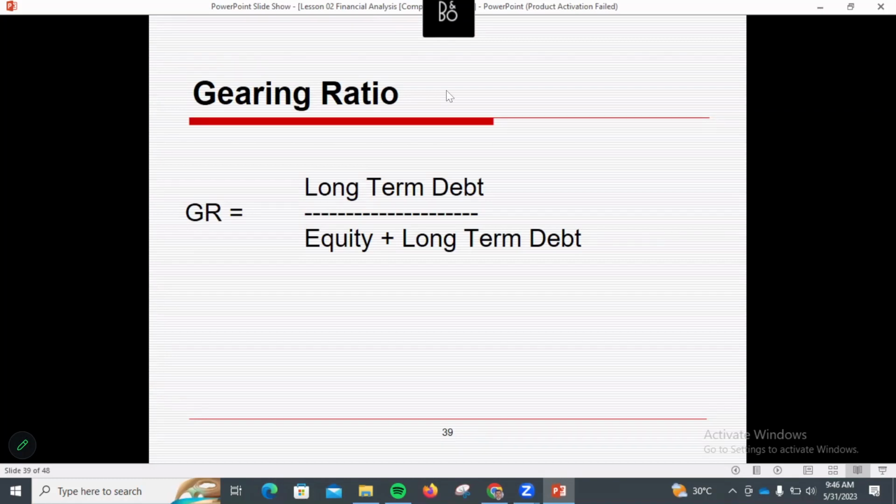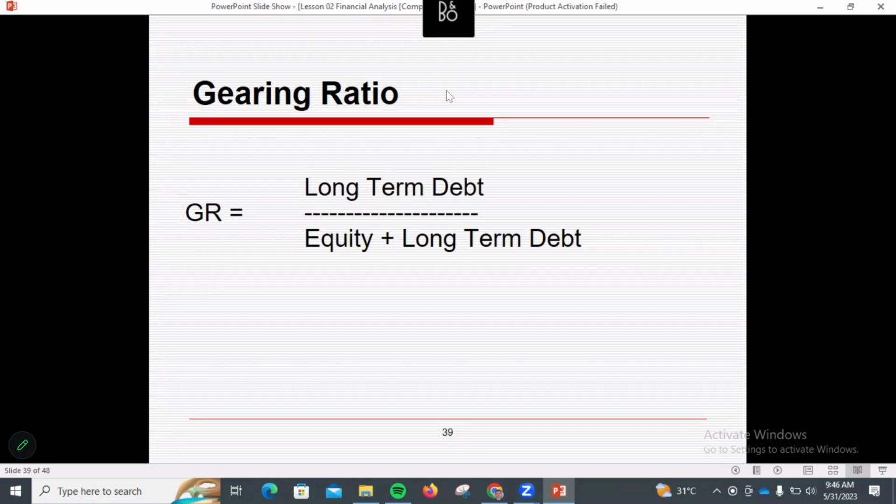The case of lower gearing means the long-term debt is lower out of the total capital. At that time also, it would benefit the firm, but some opportunities and benefits would have been sacrificed by the firm in not getting this long-term debt capital.